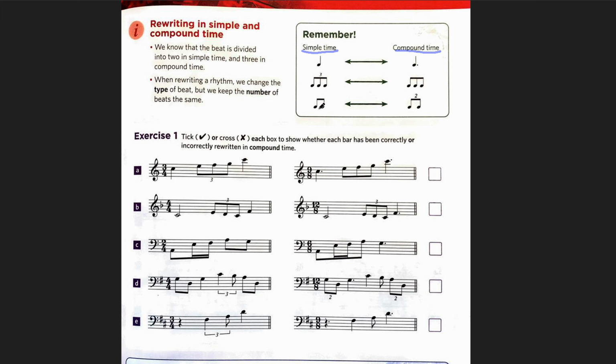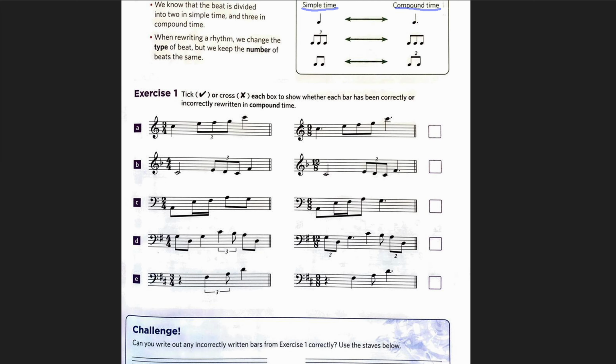If we have 2 quavers here, it turns into a duplet. We know that the beat is divided into 2 in simple time and 3 in compound time. When rewriting a rhythm, we can change the type of beat, but we keep the number of beats the same. Tick or cross each box to show whether each bar has been correctly or incorrectly written in compound time.